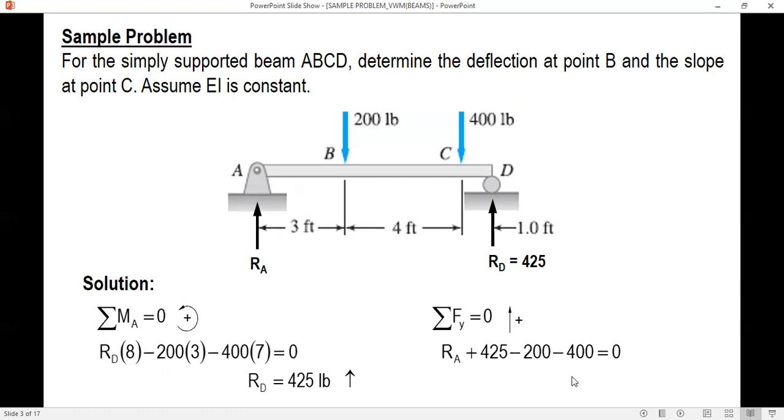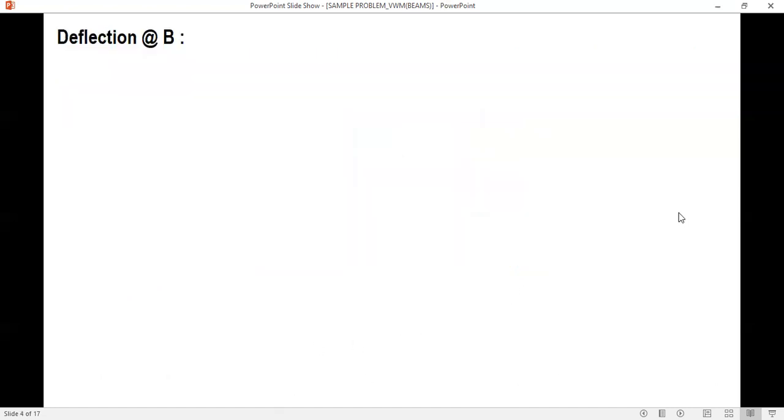And we have RA equal to 175, also upward. By the way, this is just an assumption. The direction is an assumed one. So if it is positive, it means that your assumption is correct. Therefore, both reactions are upward.